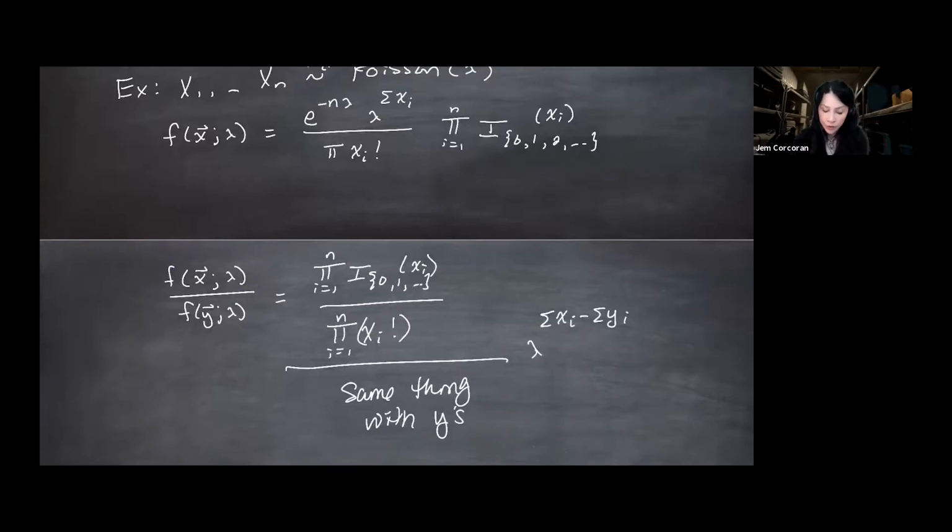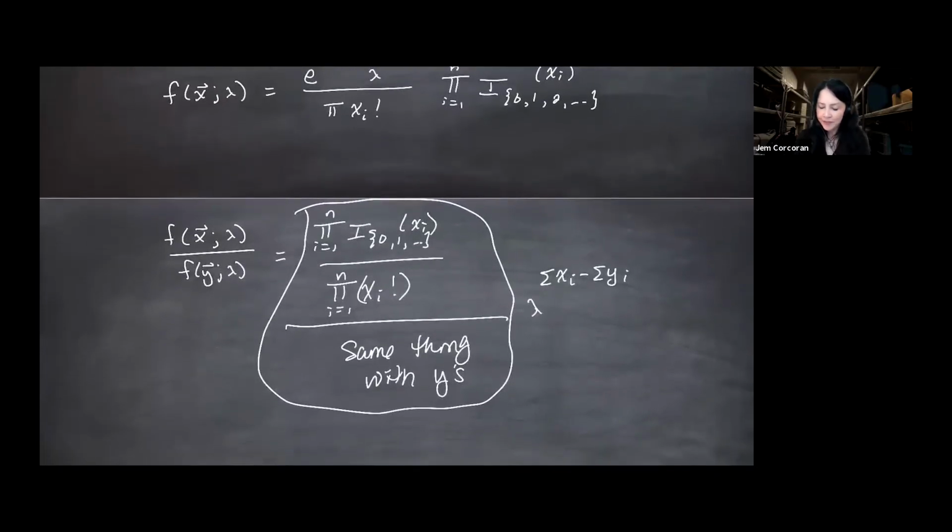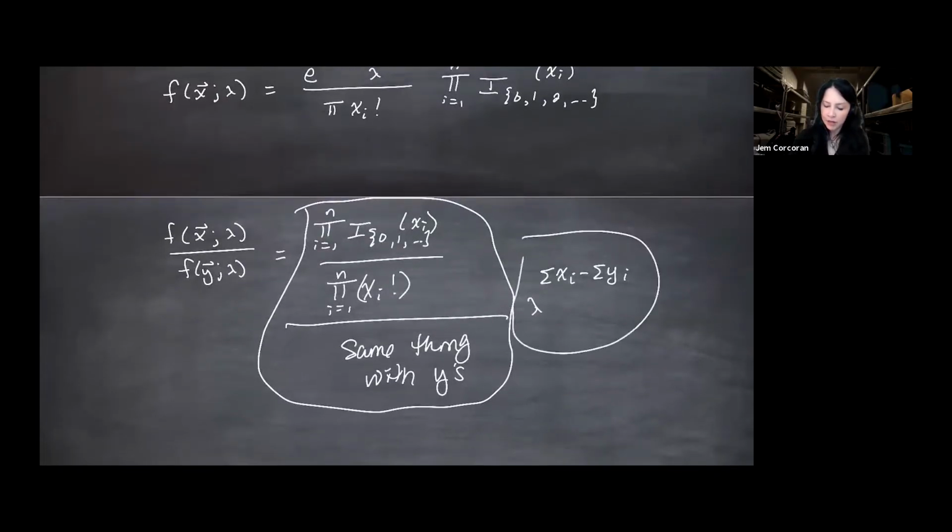And so there's no parameter in this first part, especially if you understood what I meant by the same thing with the y's. There's parameter in this part, but it will disappear and this thing will become lambda free if and only if the sum of the x's is equal to the sum of the y's.